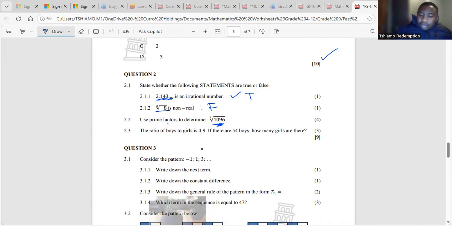You press on your calculator what's inside the square root, 4,996. You press shift fact. Then you have 2 square root of 12. So I still have the cube root. If you use the ladder method you can do it, but you can just use a calculator.